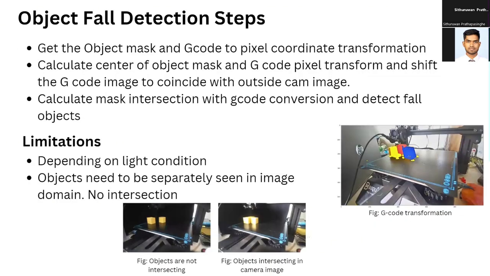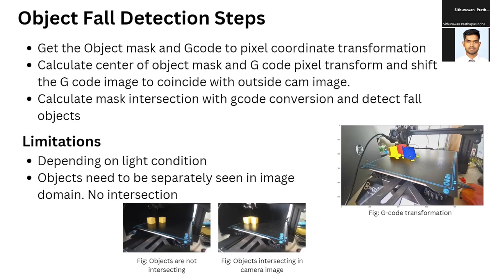The steps are simple for object fall detection. The mask is taken using the previously mentioned technique, manually adjusting the panes, and using the G-code file we can convert the 3D world coordinates into image pixel coordinates.